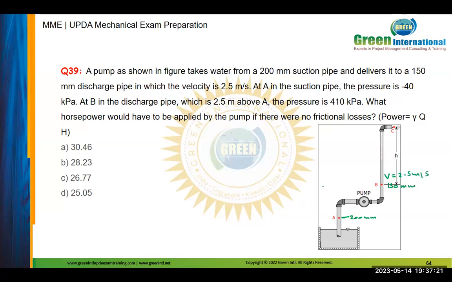At A, in the suction pipe, the pressure is minus 40 kilopascal. B is a discharge pipe, which is 2.5 above A. The pressure is 410.